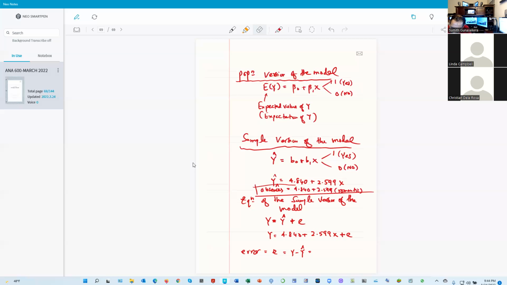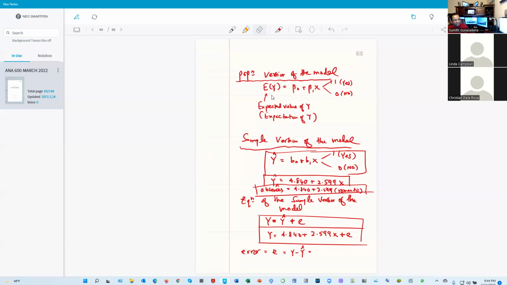This is the data, and this is the estimated model, the sample version.